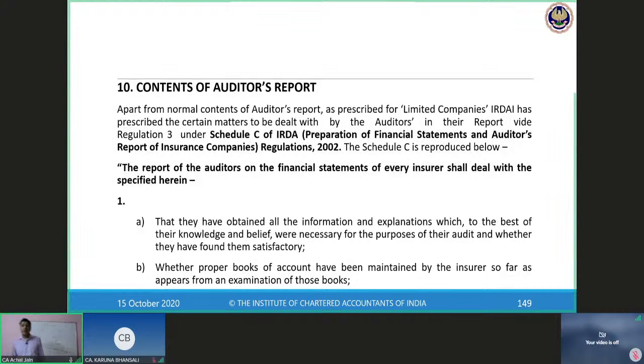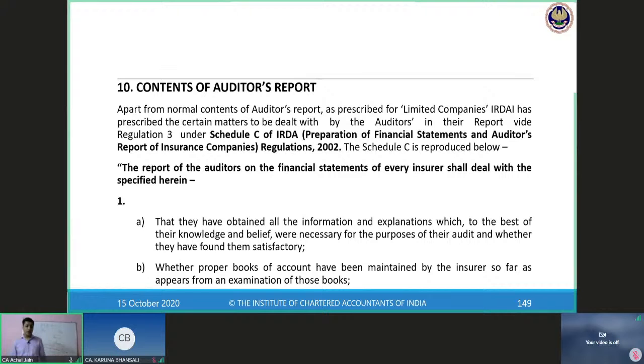That they have obtained all the information and explanations which, to the best of their knowledge and belief, were necessary for the purposes of their audit, and whether they have found them satisfactory or not, which is a general declaration which anyways they will be required to do.